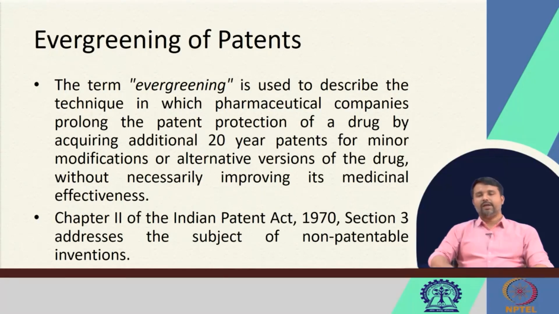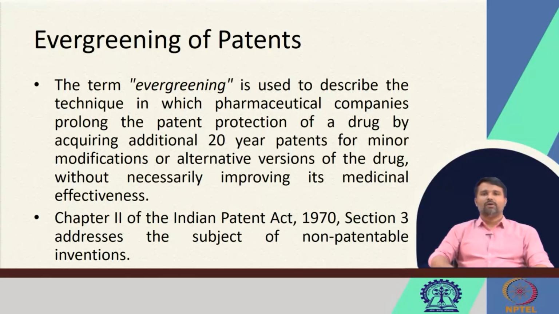The term evergreening is used to describe a technique where pharmaceutical companies prolong the patent protection of a drug by acquiring an additional 20 years for patents by minor modifications or alternative versions of a drug without necessarily improving its medicinal effectiveness.